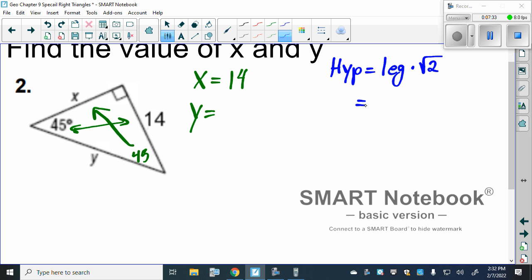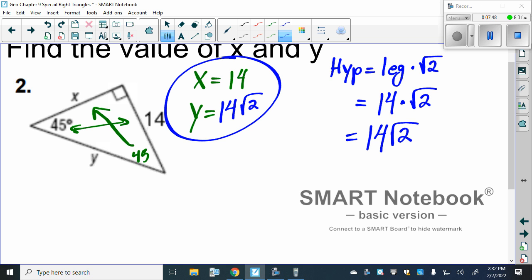Well, what's the length of the leg? Well, 14. And 14 times square root of 2 is 14 square root of 2. So y in this case is 14 square root of 2. And that's it.